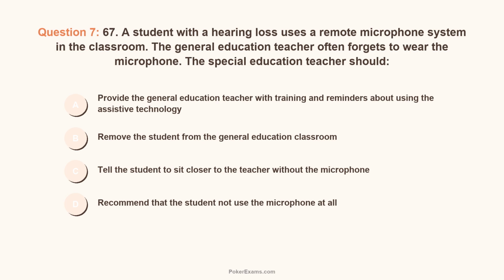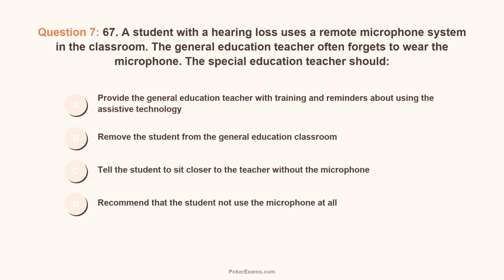Question 7. 67. A student with a hearing loss uses a remote microphone system in the classroom. The general education teacher often forgets to wear the microphone. The special education teacher should provide the general education teacher with training and reminders about using the assistive technology. Remove the student from the general education classroom.